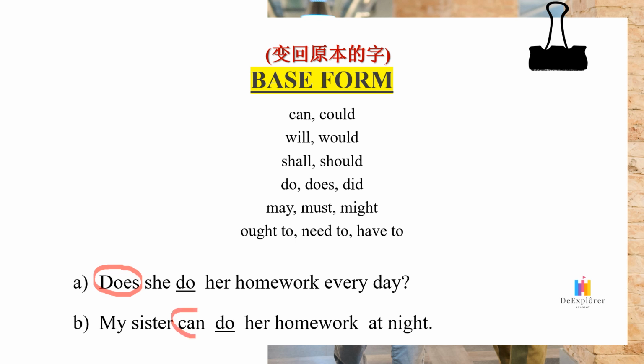The word can. Can you see the word can here? So after the word can, we use the base form verb. Alright, so therefore the answer, my sister can do her homework at night. Alright, so these are the two examples of sentences that use the base form. So I want you to copy the two sentences into your exercise book again before you move on.